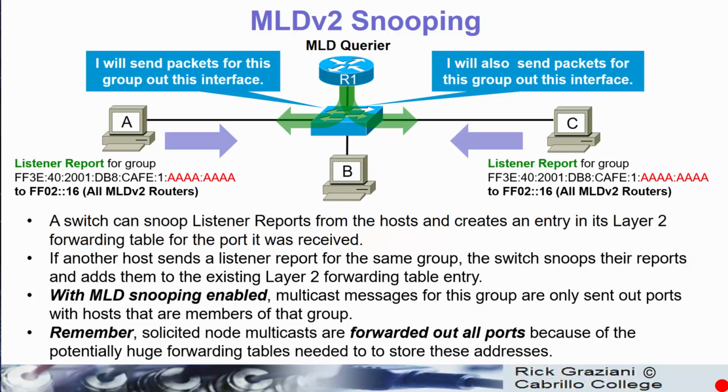Remember that the solicited node multicast are forward out all ports because of the potential huge forwarding tables needed to store all of the appropriate addresses. So do keep in mind which ones are allowed to be MLDing and which ones have to be going out all ports. If it's a solicited node multicast address, it's all ports still.